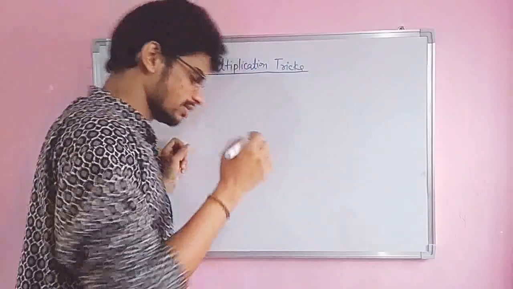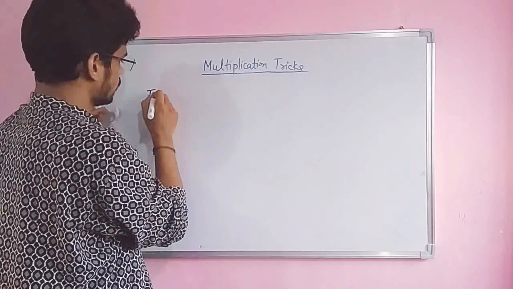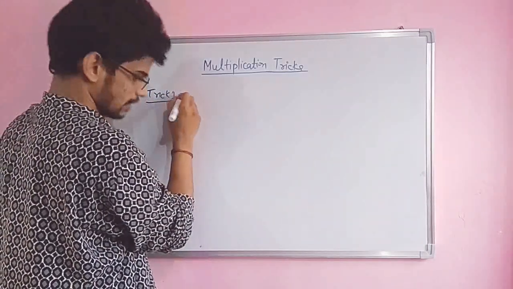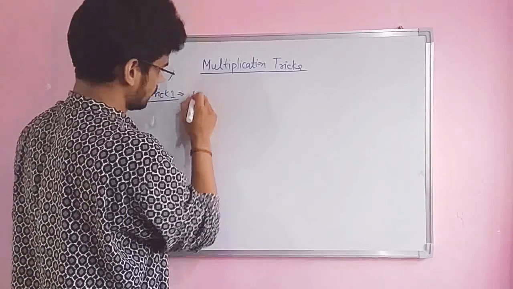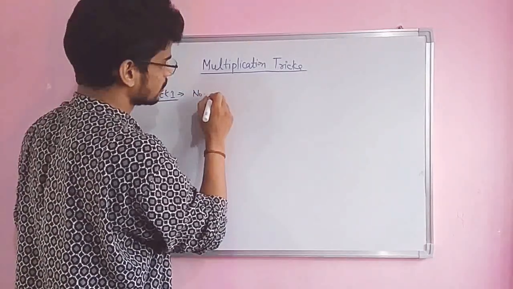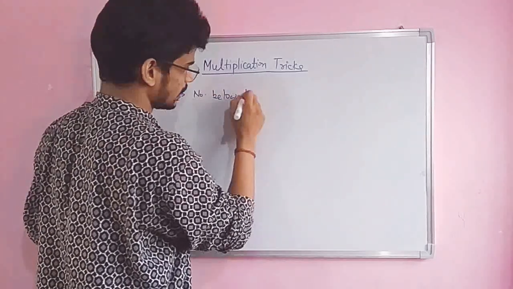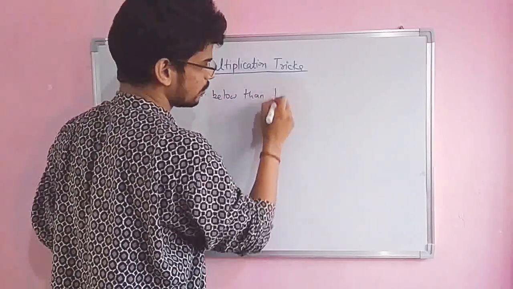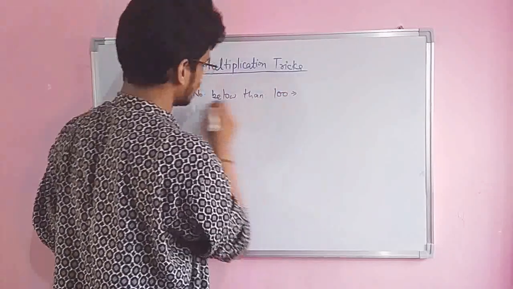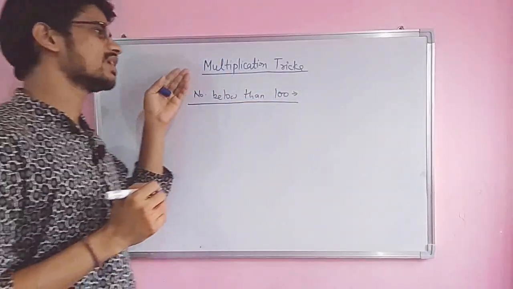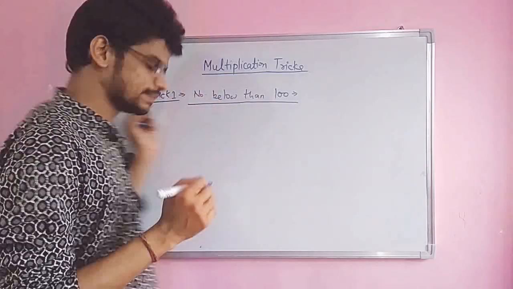Let's take trick number 1. Numbers below 100. If both numbers are below 100, then how do we multiply them?